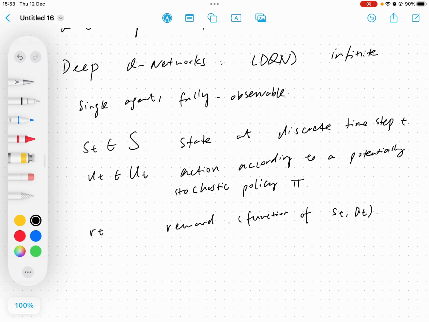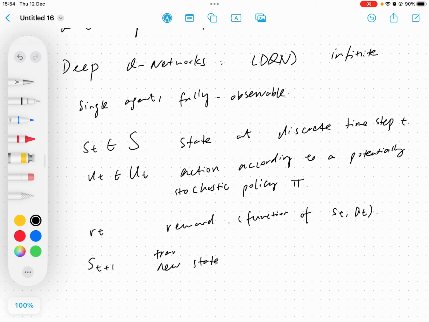If we know the state and the action, we will certainly get some reward, because the reward will be given to this agent for sure under those circumstances. So this is the reward, and also the state transitions to a new state, s_t plus 1.